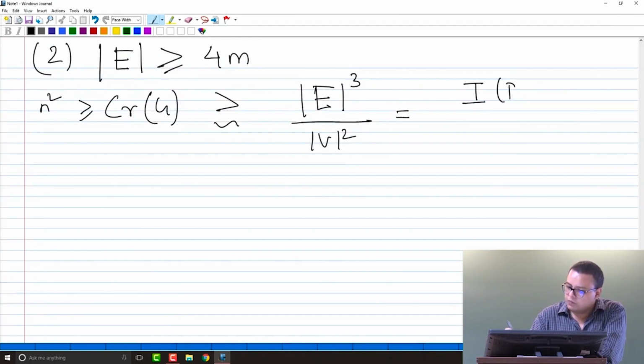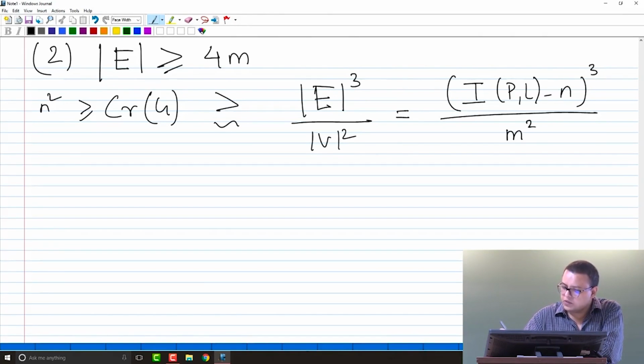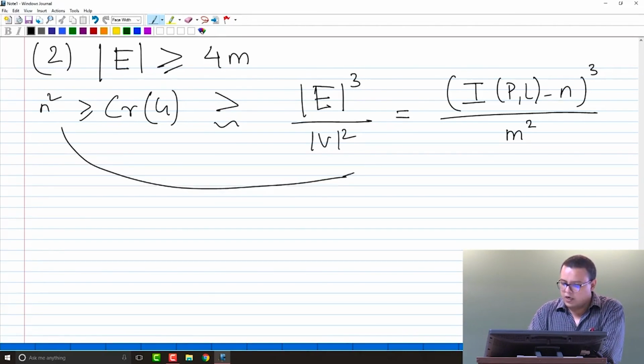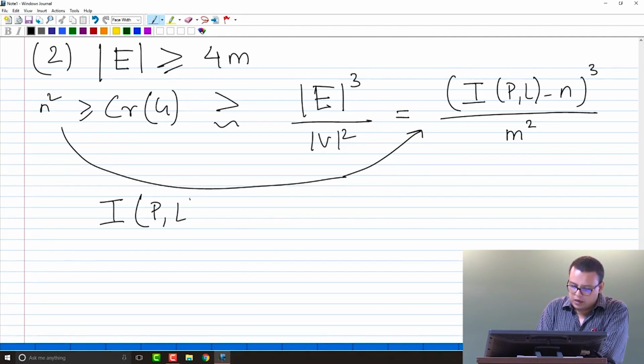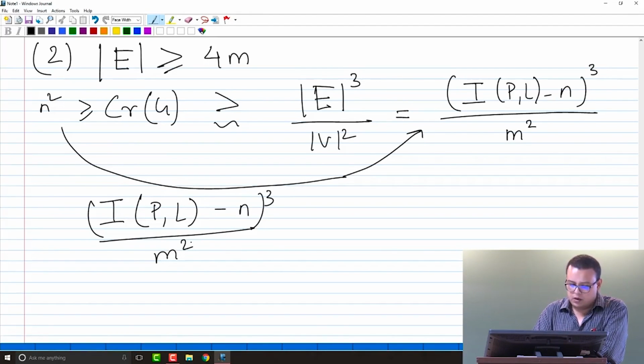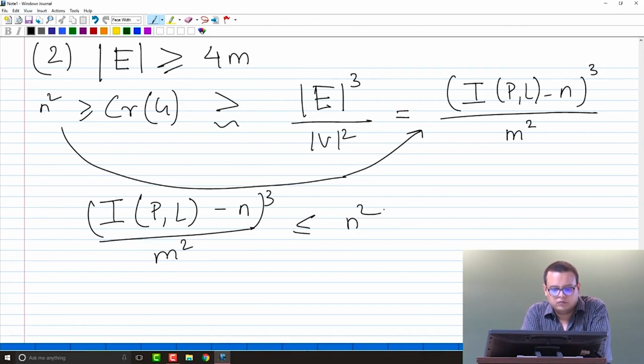I(P, L) minus n, cubed, divided by m squared, is less than or equal to n squared. So what do we get?